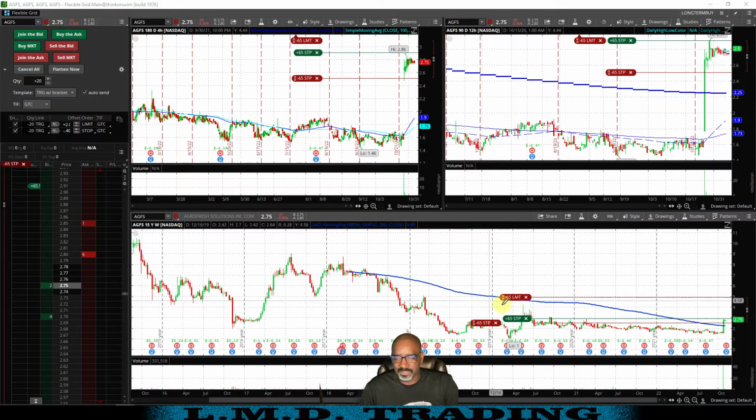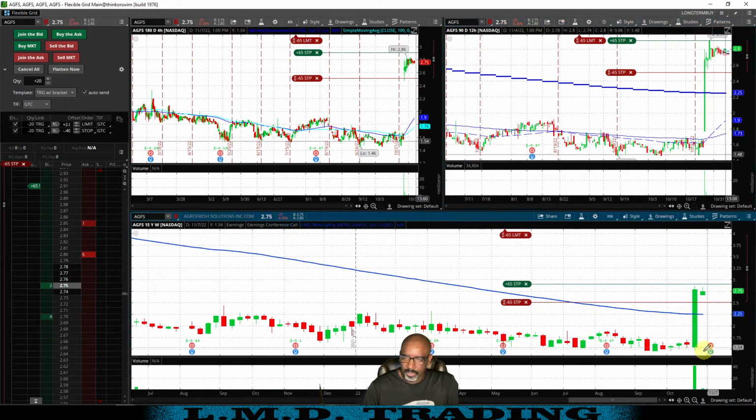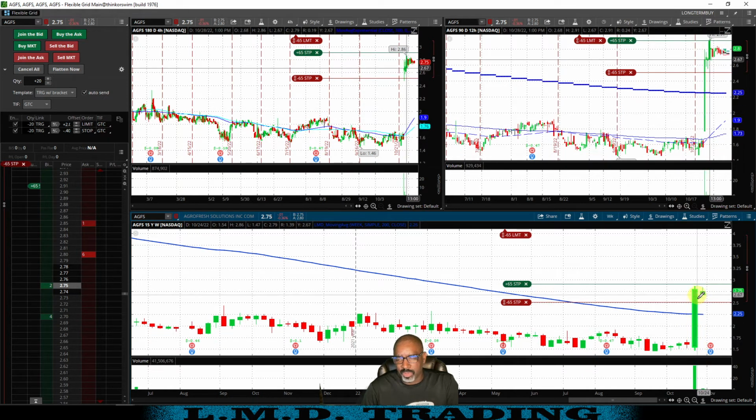But AGFS has been in a slow decline, so a slow downtrend. And then the week of October 24th, we got this huge green candle. Blow it up. This huge green candle on huge volume.